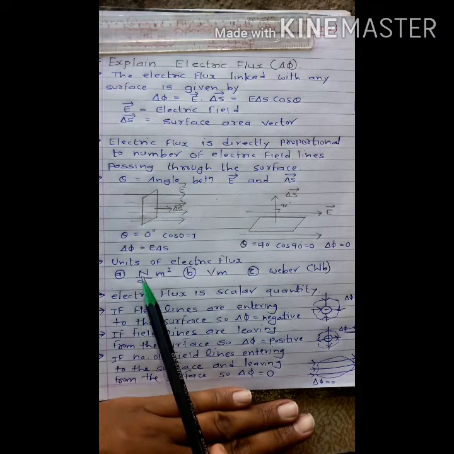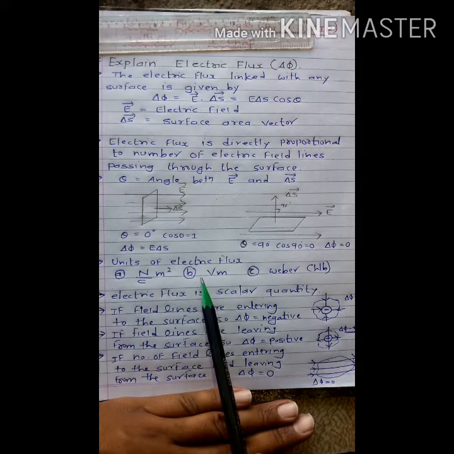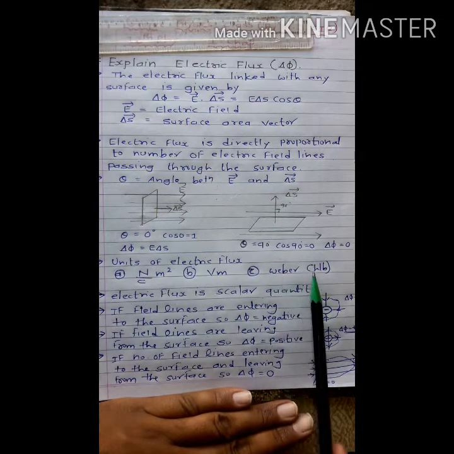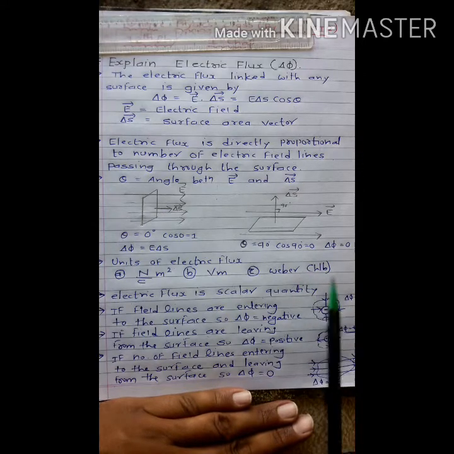So the unit of electric flux is Newton meter square per coulomb. The second unit of electric flux is volt into meter. We will discuss this unit in chapter number 2. The third unit of electric flux is Weber, and generally we use its short form, capital W small b.